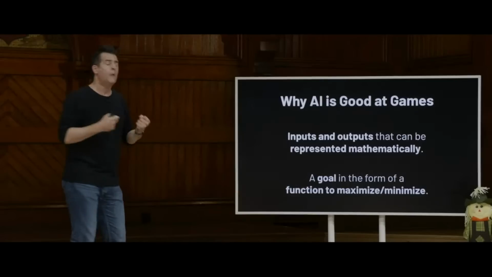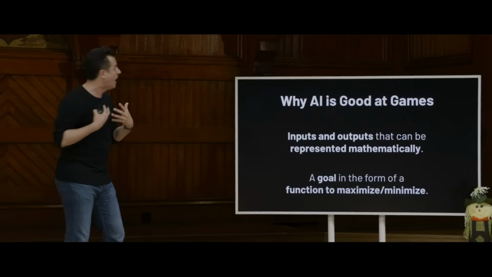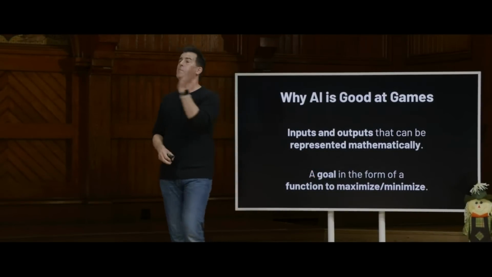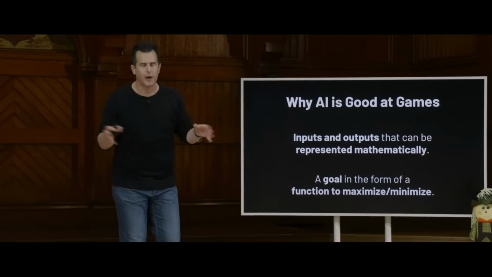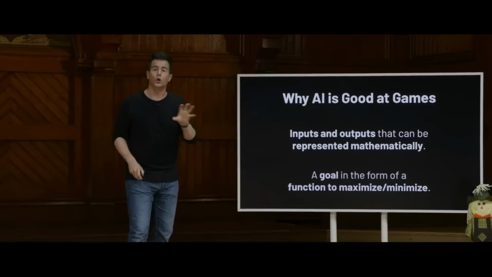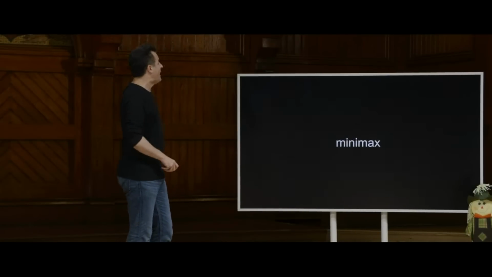You can really quantize it at a very boring low level, but that lends itself then to solving it optimally. And in fact, with most games, the goal is to maximize or maybe minimize some math function, right? Most games, if you have scores, the goal is to maximize your score and indeed get a high score. So games lend themselves to a nice translation to mathematics, and in turn here AI solutions.